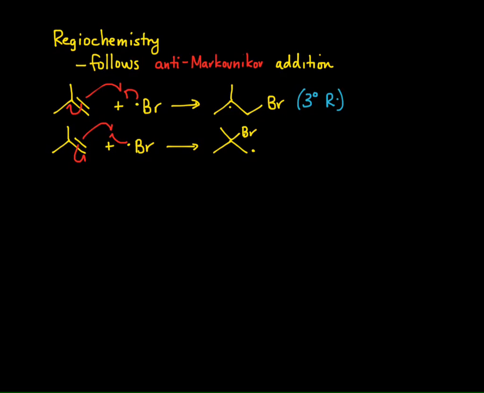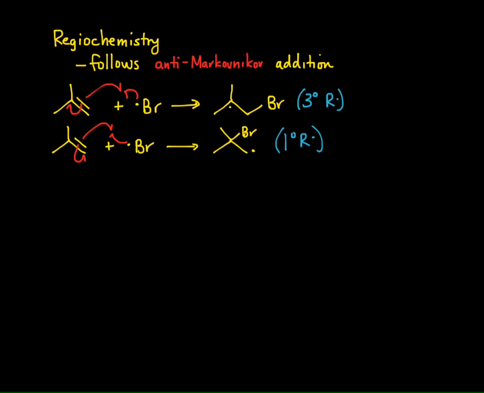So bromine is going to form a bond to the carbon on the left, and then I get a primary radical. And so we talked about stability of radicals, and we see that tertiary radicals are much more stable.